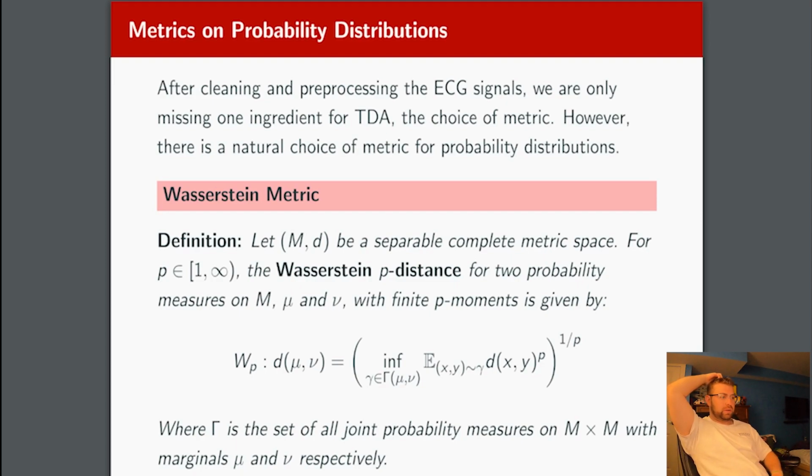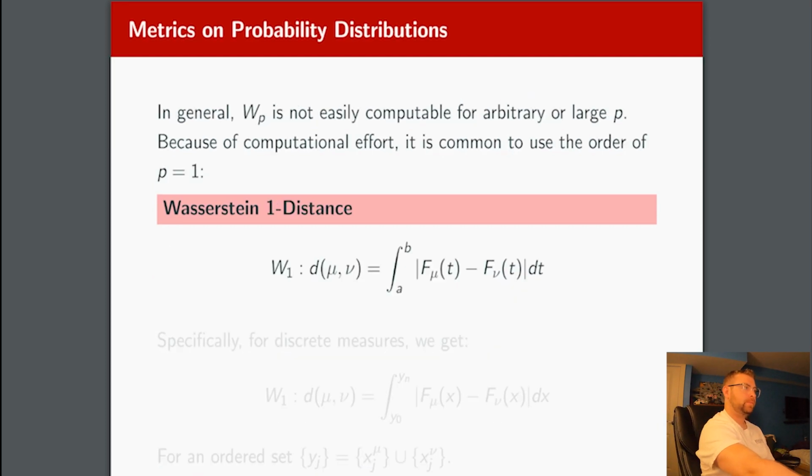It's the infimum over the expectation of these joint measures with this metric, to the 1 over P. So it looks L^p-ish in the way the order P changes things, but it's the expectation scaled by this metric. And here gamma is all the joint probability measures on the product space with the respective marginals.